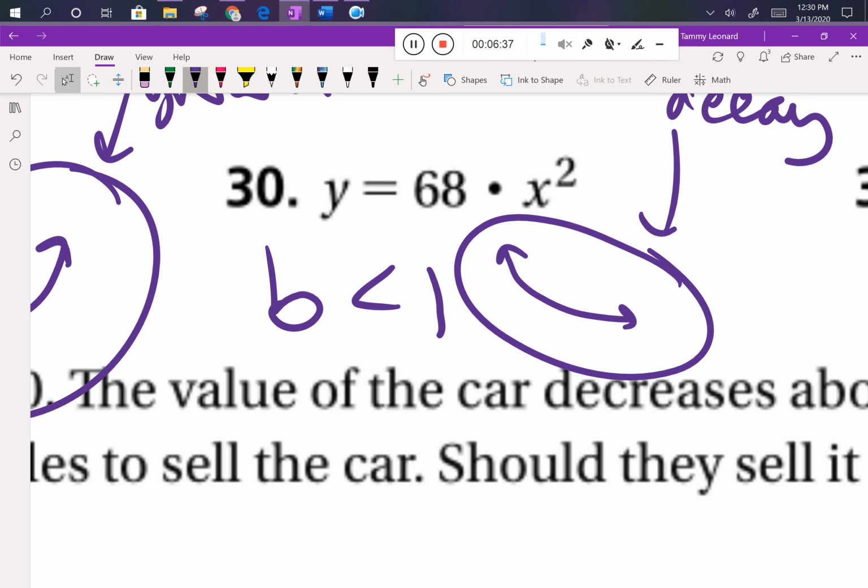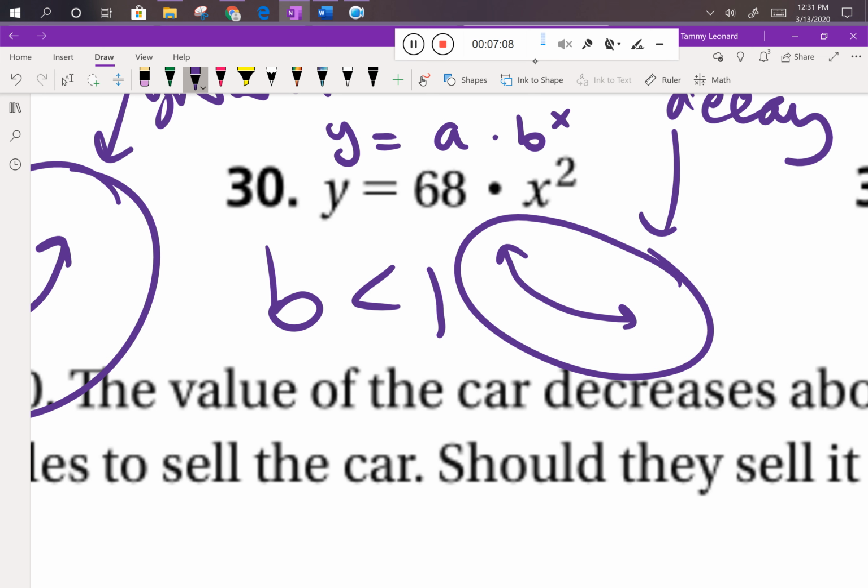30. What's the b value? Kind of a trick question. Can the b value be x in y equals a b to the x? No, right? Where does x have to be if we're going to be an exponential function? In the exponent, right? If x isn't the exponent, we don't have an exponential function.